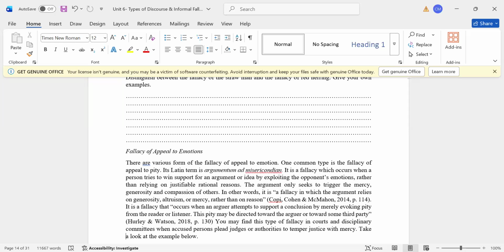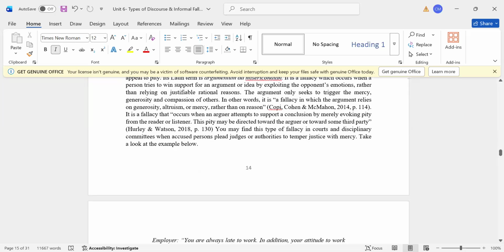That is appeal to hatred. So appeal to emotions has to do with a conclusion about something, not based on the relevance of the facts, but based on emotions that you use as a basis to make a conclusion.